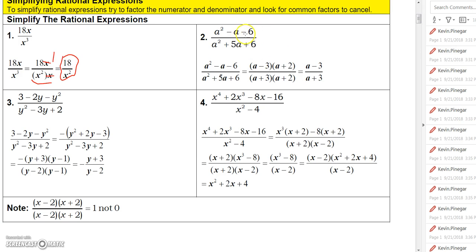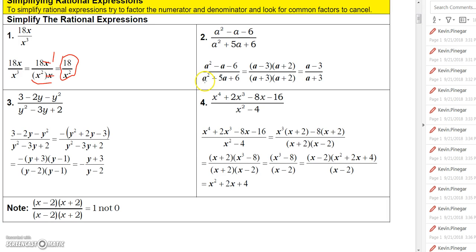Now if you have a more complicated polynomial in the numerator and denominator, then what you want to do is try to factor. So here I have a squared minus a minus 6, and that will factor, and again you might want to review your factoring techniques, into a minus 3 times a plus 2.